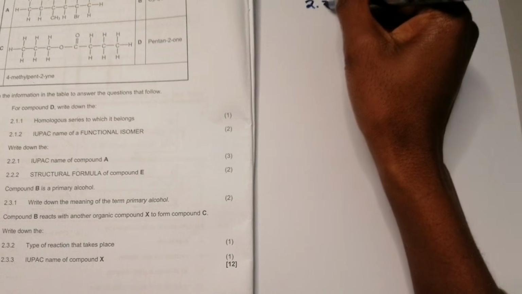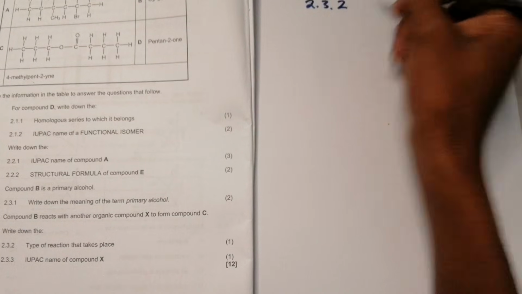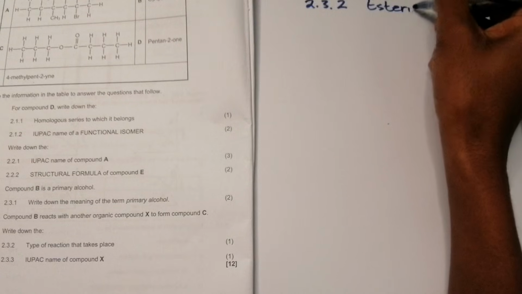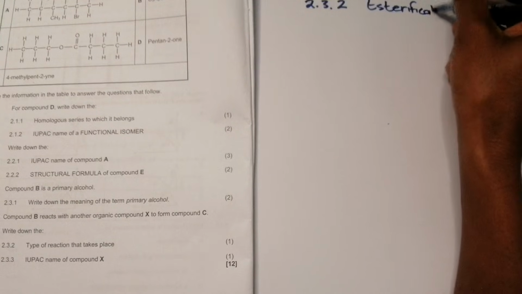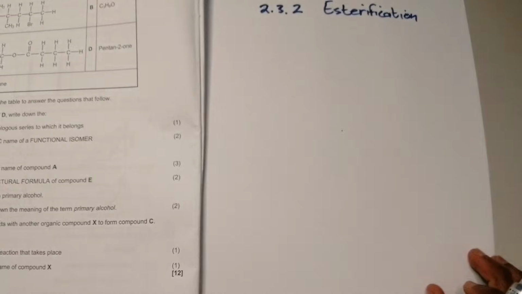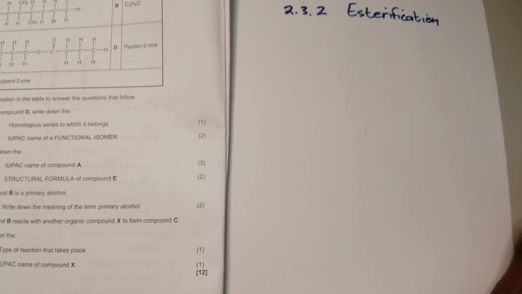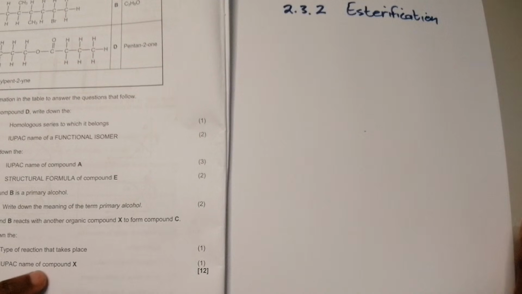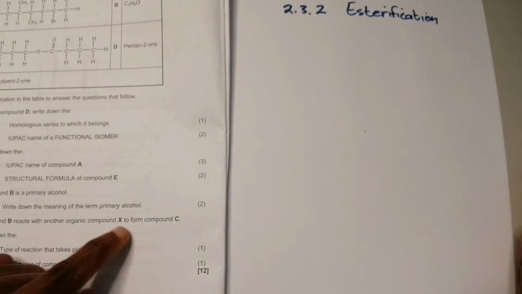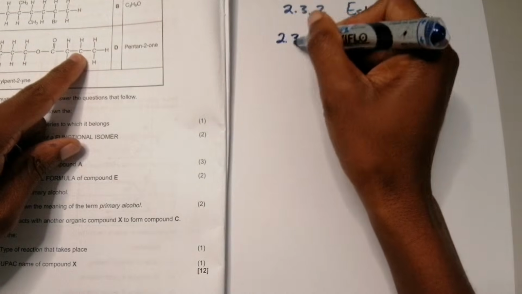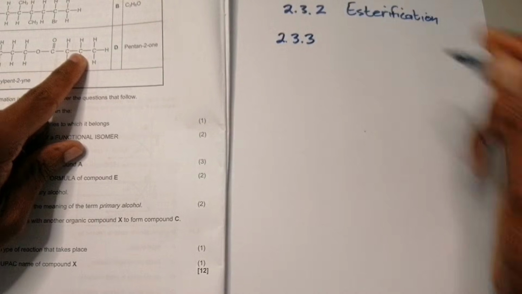Now they say name the type of reaction that takes place. Remember who you are, Simba. That's going to be esterification. So the formation of esters is through a condensation reaction called esterification. Then they say give the IUPAC name of compound X. Compound X should have been the carboxylic acid that reacted to form this ester.